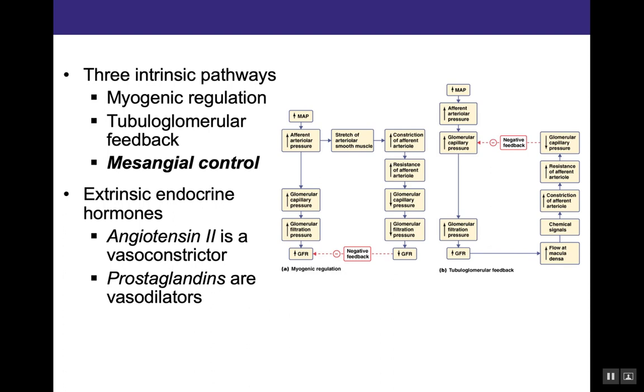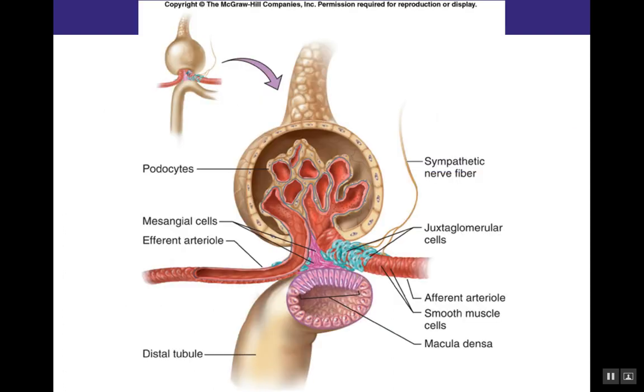All right, so the final intrinsic pathway that I want to go through is called mesangial control. You can actually see in this slide where the mesangial cells are. They're right here. These are the extraglomerular mesangial cells. They're responsible for reproportioning some of the blood volume in the glomerular capillaries through the actions of these mesangial loops.